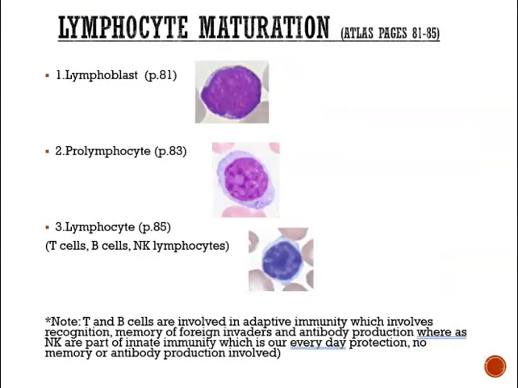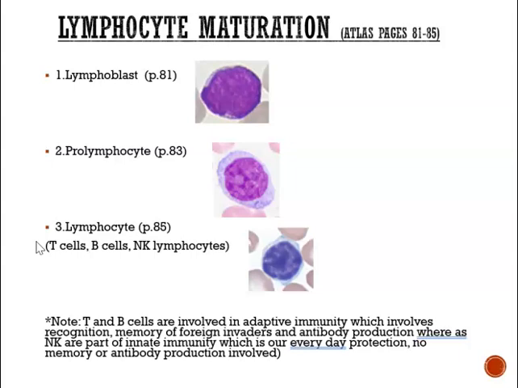So we have 3 steps in the maturation sequence for our lymphocytes, and you can look at these in your atlas to see a little bit better images. We have our lymphoblast on page 81 in the atlas, and we have our prolymphocyte as stage 2, and then we have the mature lymphocyte. And these can mature into our T cells, our B cells, or our natural killer cells.